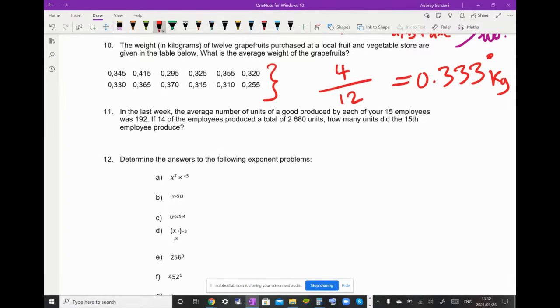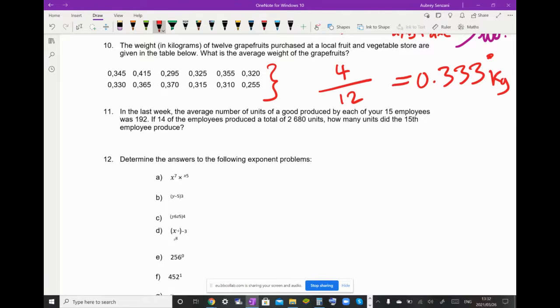Okay, the average number of units produced by each of your employees, that's the average.